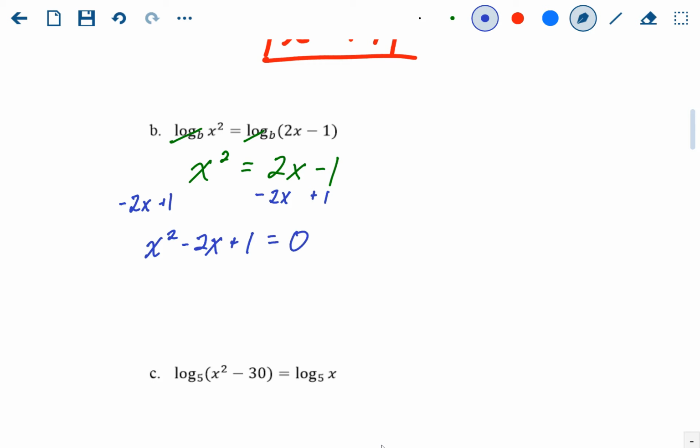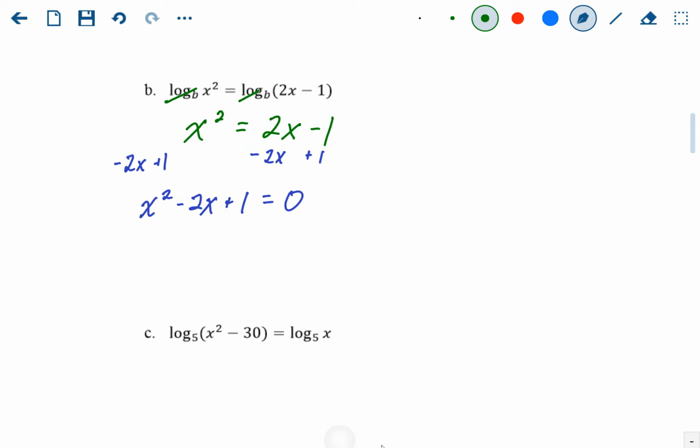So now we have a standard form quadratic on the left. Whenever you see a problem like this, always think factor. Just use product sum: what multiplies to the last term, 1, and adds to the middle. The only thing that multiplies to 1 and adds to negative 2 is negative 1 and negative 1.